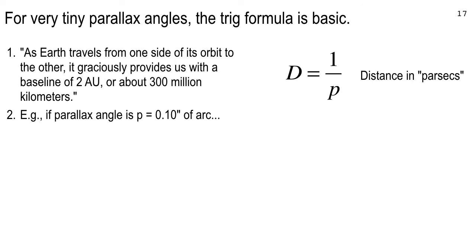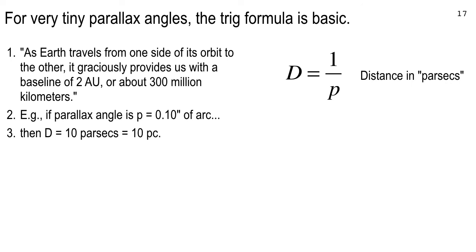What's 1 divided by 0.1? It's equal to 10. So for this star, if I measure it in December and June, and I get a 0.1 difference in the aiming angles, just a slight smidgen of an arc second, then that tells me, do the trig and everything, the distance is 10 parsecs.